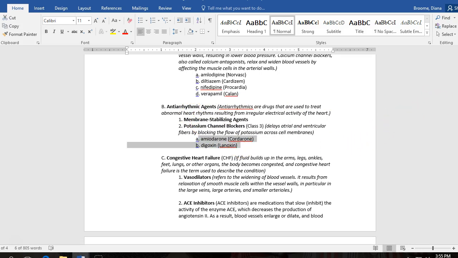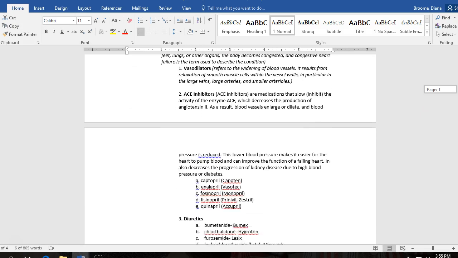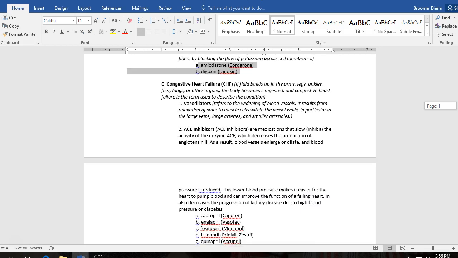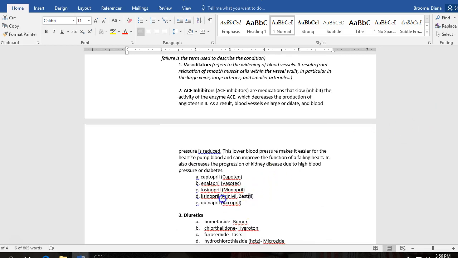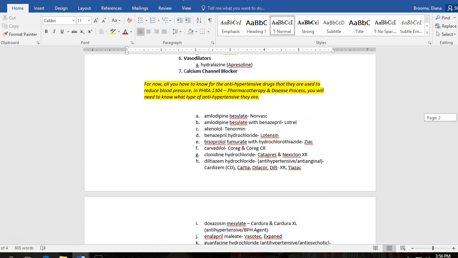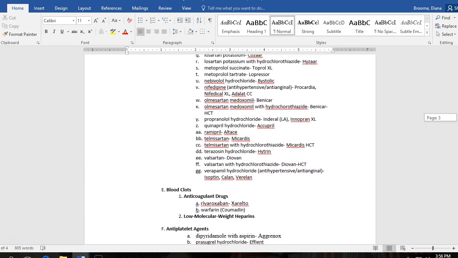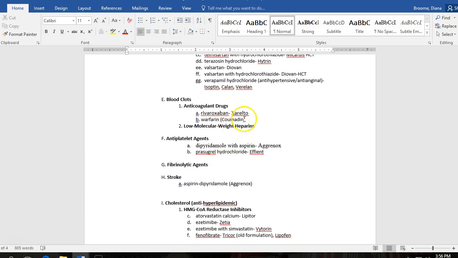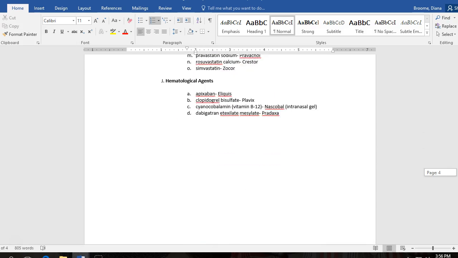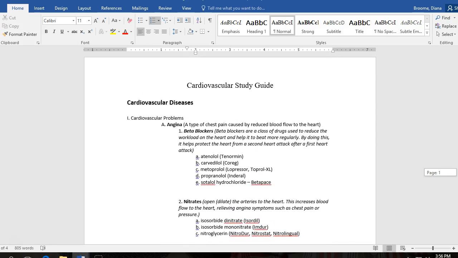For this next set, that these are ACE inhibitors, that these are diuretics, that these are antihypertensives, anticoagulants, antiplatelet, stroke, and then your anti-hyperlipidemic or cholesterol, and hematological agents.